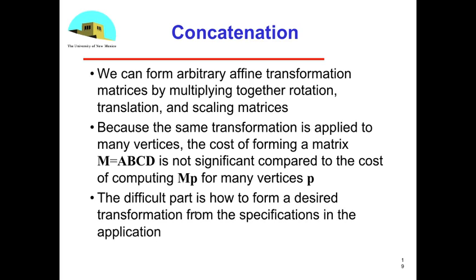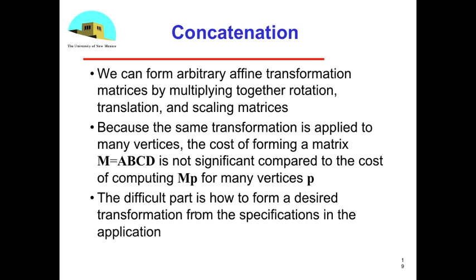Our other concern is how much work it is when you multiply a bunch of matrices together, because our argument is that I want to form things from simple matrices that are all going to be 4 by 4, and I'm going to multiply them all together. But again, I want to repeat the point I made.